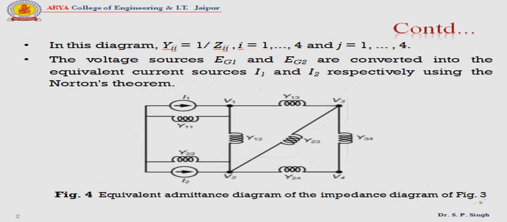In this diagram, Yij is equal to 1 upon Zij. The voltage sources Eg1 and Eg2 are converted into the equivalent current sources I1 and I2 respectively using the Norton's theorem.